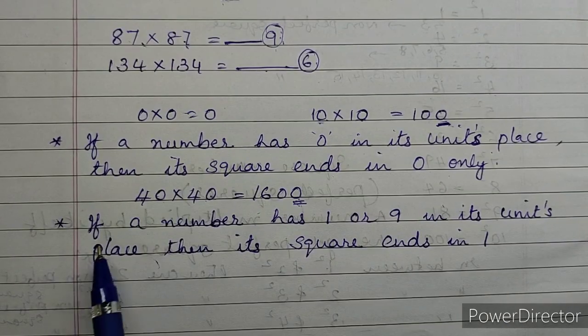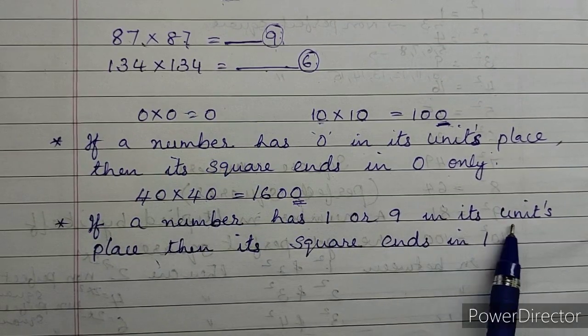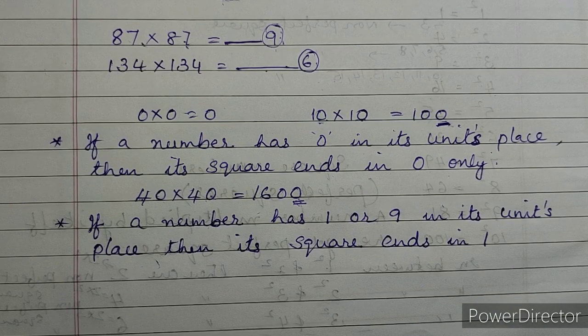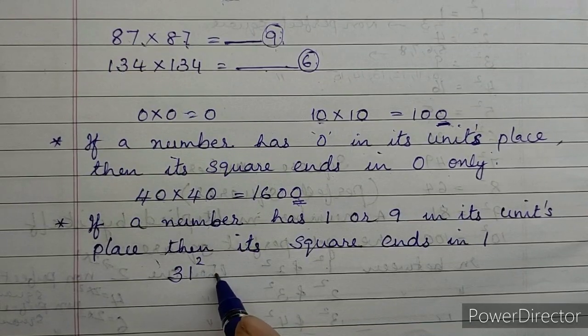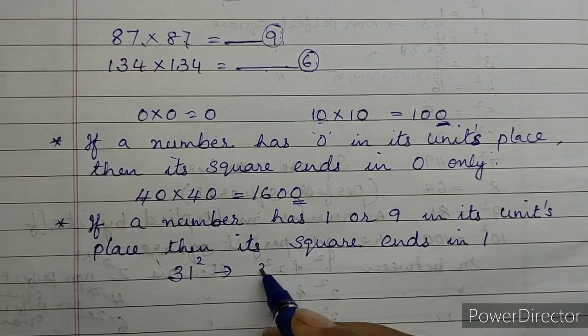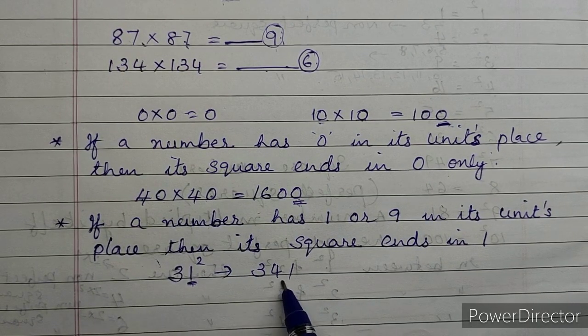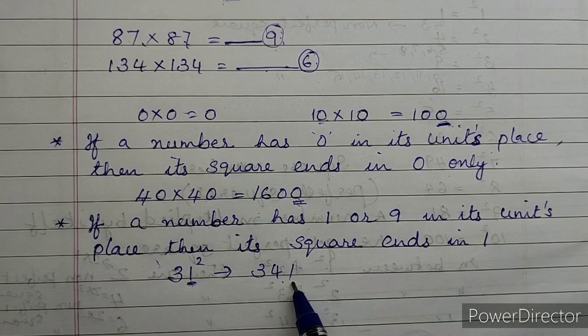Next rule is, if a number has 1 or 9 in its units place, then its square ends in 1. These are all only rules, no need to memorize this. So, for example, 31 square. 31 square is 961. See the number here 31, 1 is the unit place digit. So, the perfect square number 961 also is ending with 1 only.